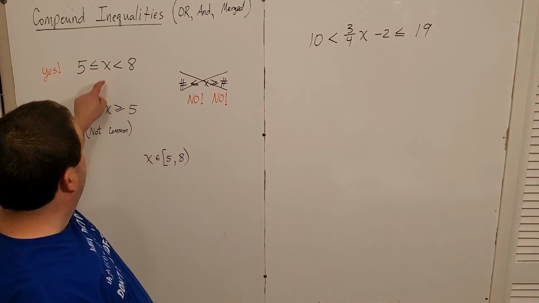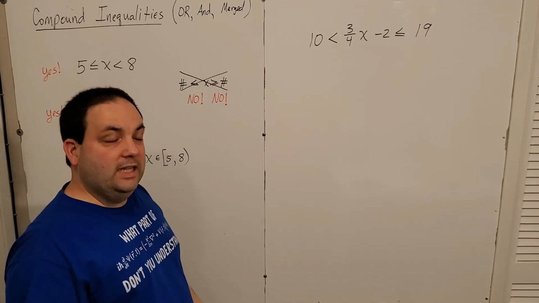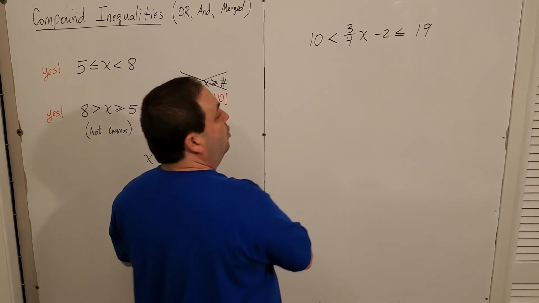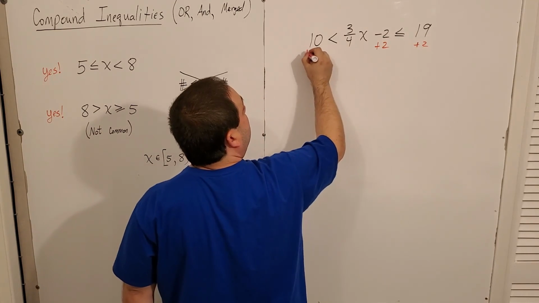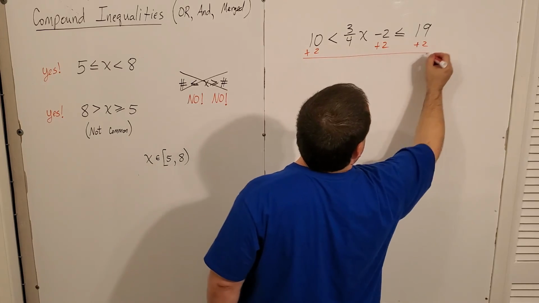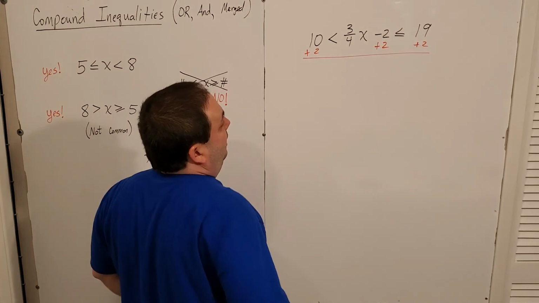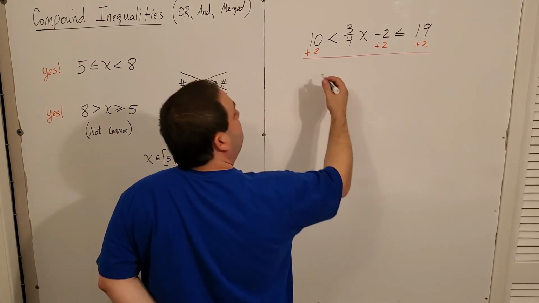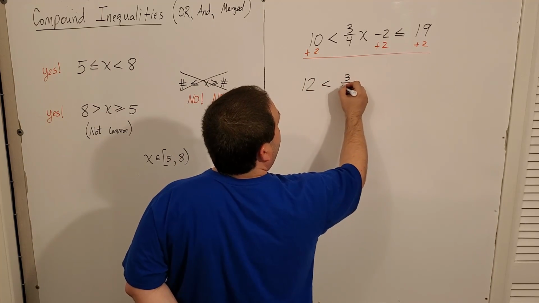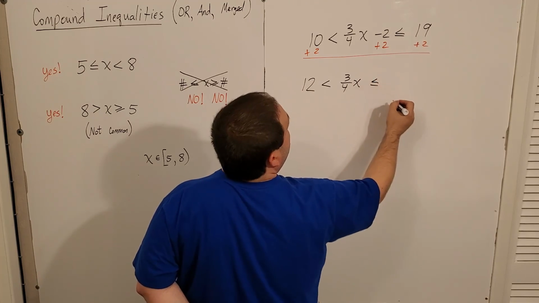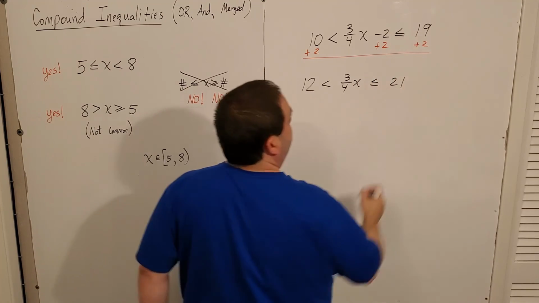That's how we want it. The letter should always be isolated in the middle of these. So I'm going to add 2. Okay. So then I've got 12 is less than 3/4 x, less than or equal to 21.